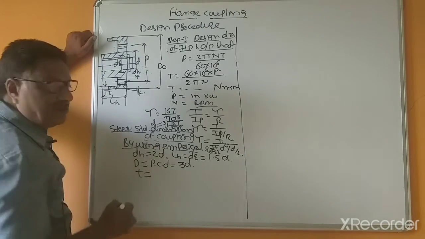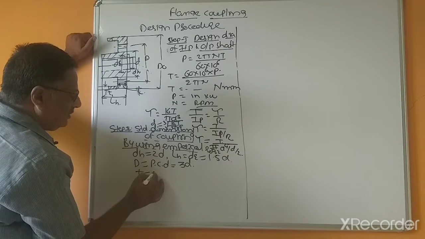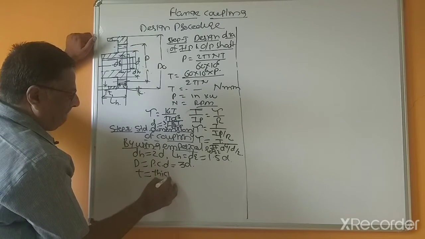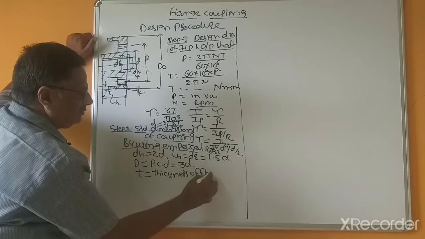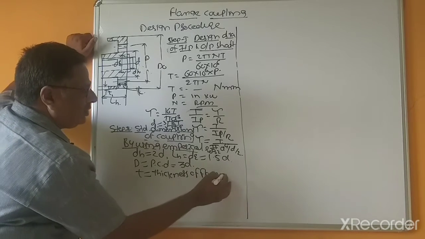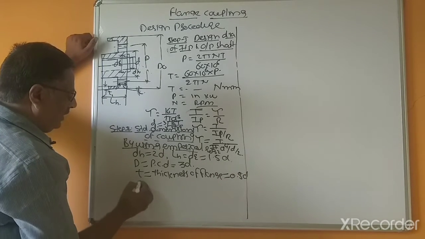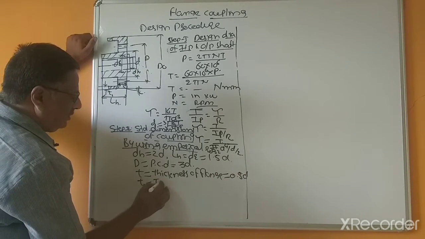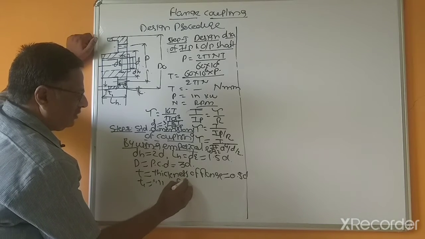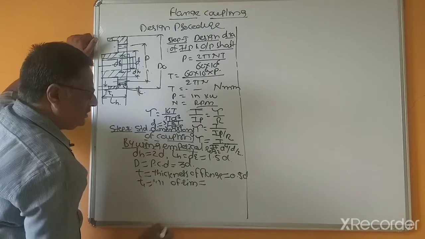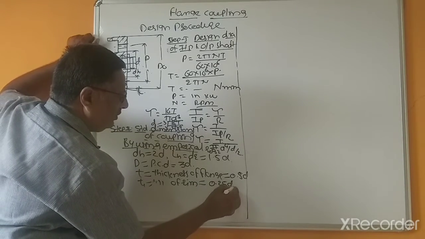T is the thickness of the flange, equal to 0.5d, right? T1, the thickness of the rim, is equal to, I think, 0.25d.